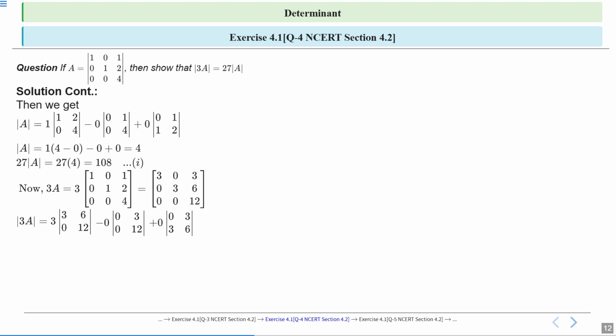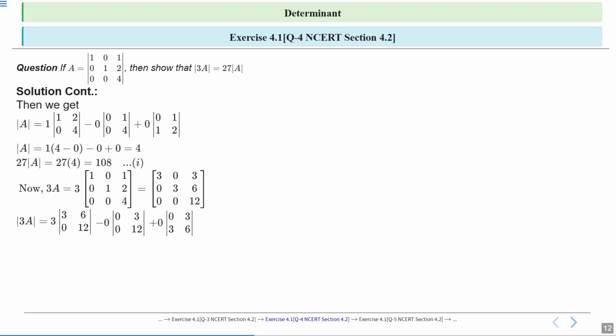The index for the first element 3 is 1 1. So minus 1 to the power 1 plus 1, that is plus 1. So we get 3 into, cancel the first row and first column. When we cancel them, we get 3 6 0 12, minus 0.